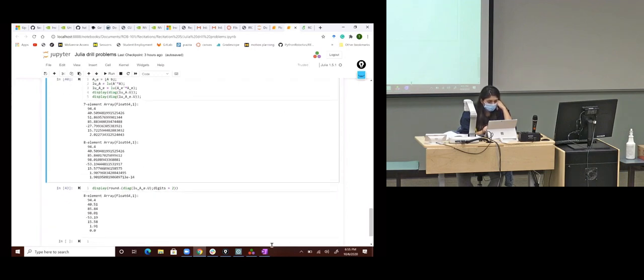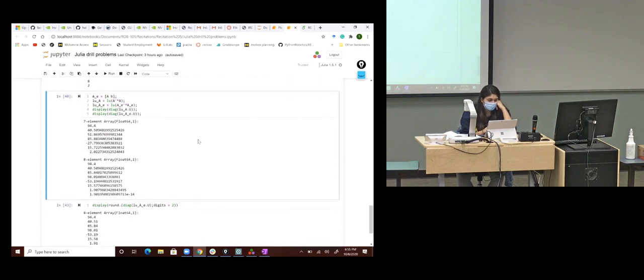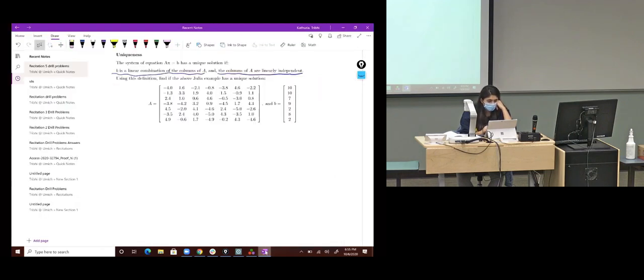So all of the columns of A are linearly independent. So we've satisfied both conditions. Columns of A are linearly independent using the pro tip. And I've also satisfied that B is a linear combination of A using the semi-pro tip.